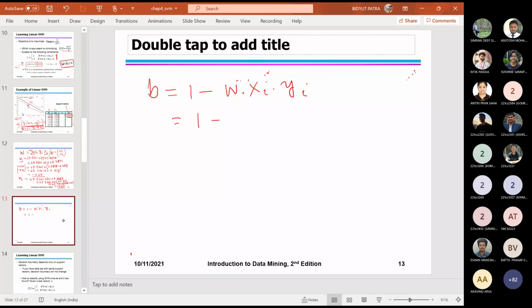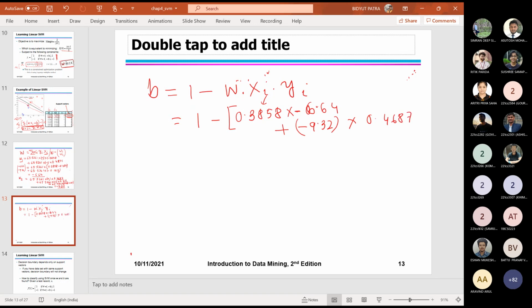So 0.3858 multiplied with minus 6.64, plus minus 9.32 into 0.4687. Is it correct? This is the coordinate of x1.